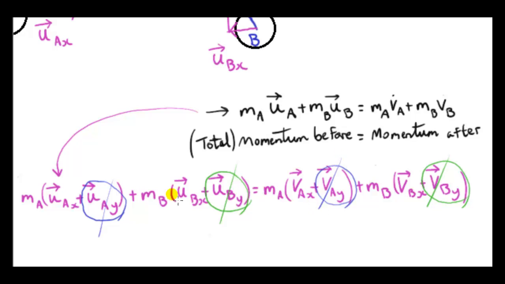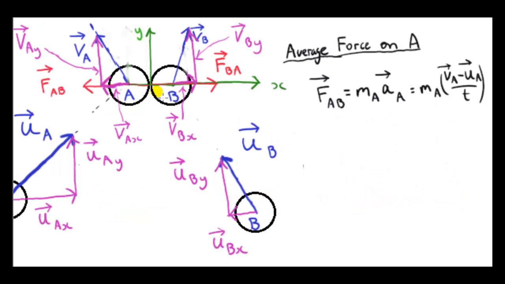So we'll just have a momentum equation involving the momenta in the x direction. On this diagram we're going to show that this vector here is equal to this vector here. Okay, so the vertical components don't change, and similarly this equals this.